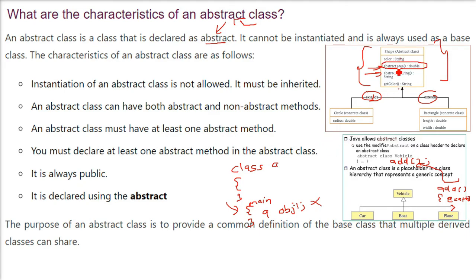So the purpose of the abstract class is to provide a common definition of the base class that multiple derived classes can share. So this is all about a template, a generic class, a generic concept, and this is a good inheritance, and it does not bog down the whole purpose of the object-oriented programming language, right?